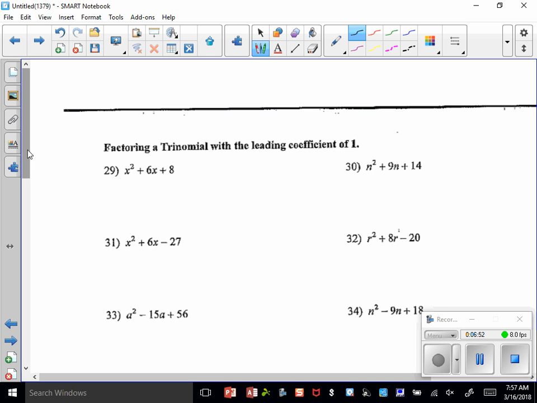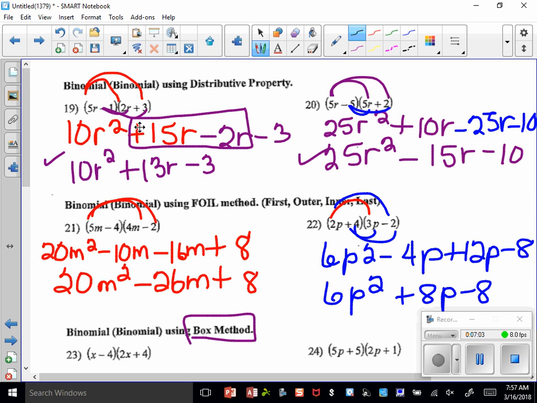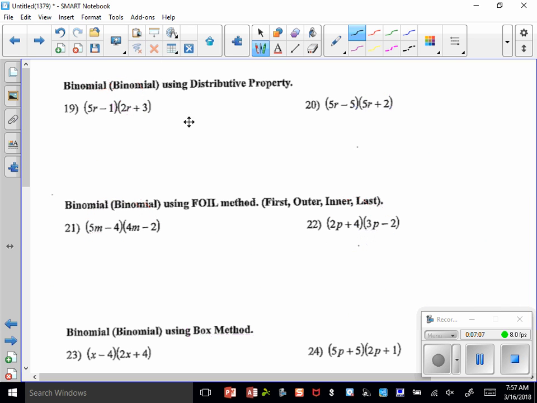So this is a different type of factoring today. So what's going to happen on page 7 is, notice how when we did the top of this page here, and let me just erase this, when we did the top of this page, we had a binomial times a binomial, and we ended up with an answer that was a trinomial.